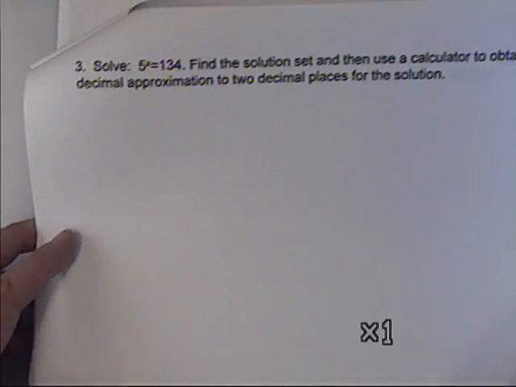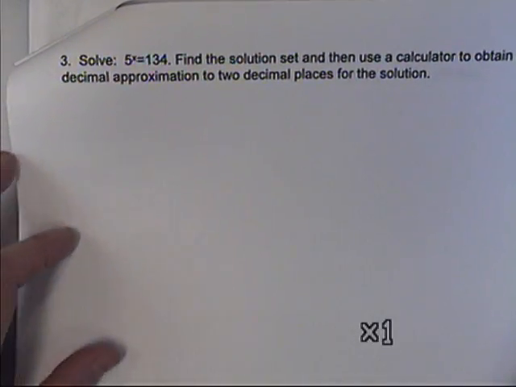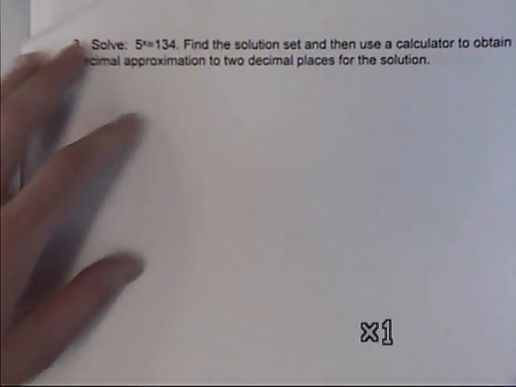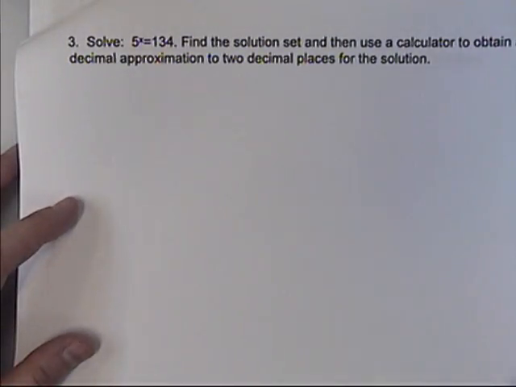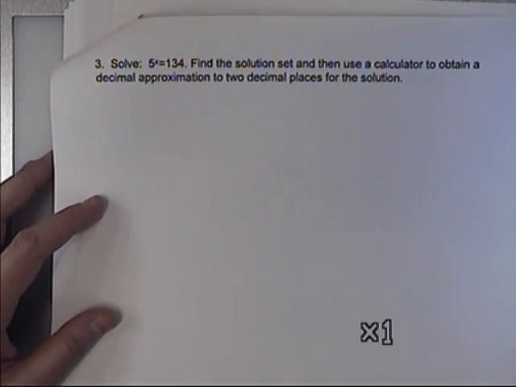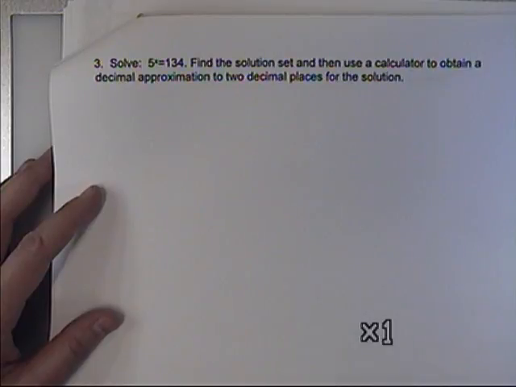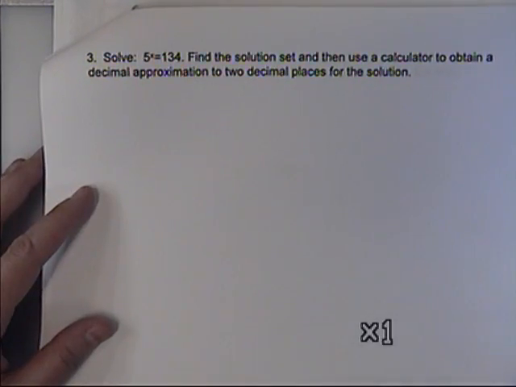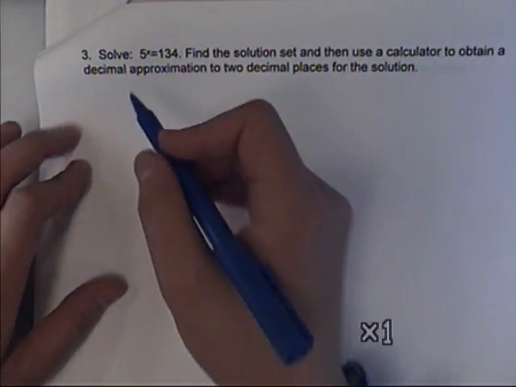Okay, so we're going to solve this. We're going to find the solution set using a calculator to obtain the decimal approximation, and we're going to round off the answer to decimal places, but only the answer gets rounded, not the numbers on the way.